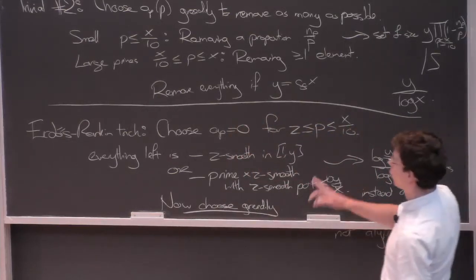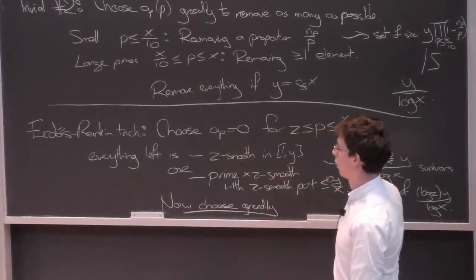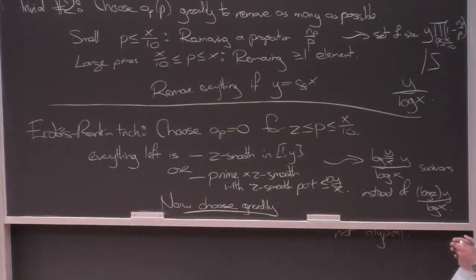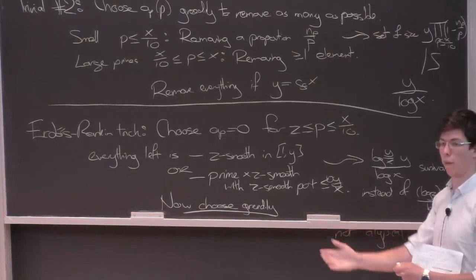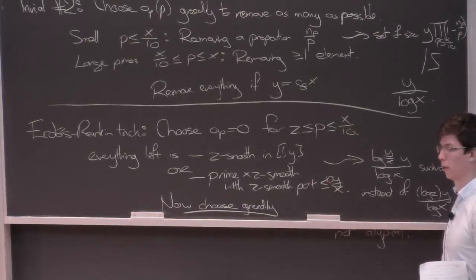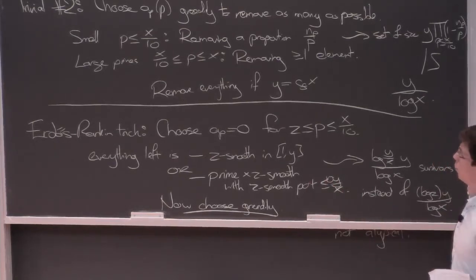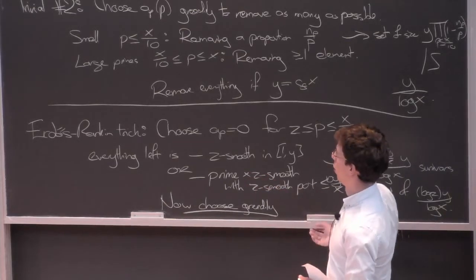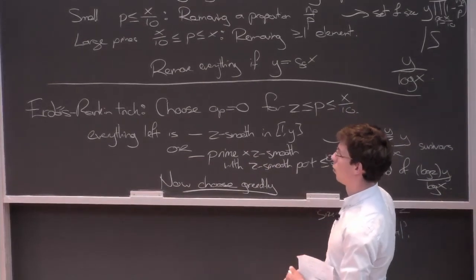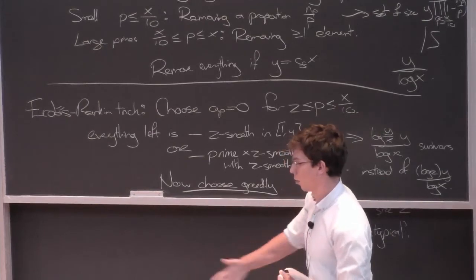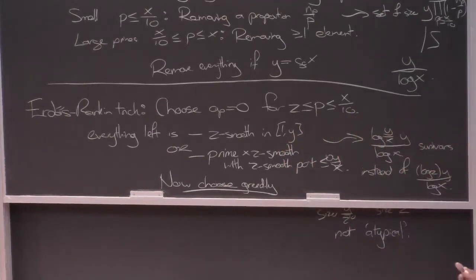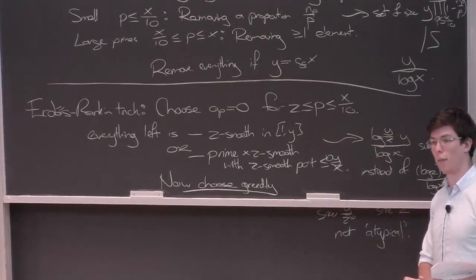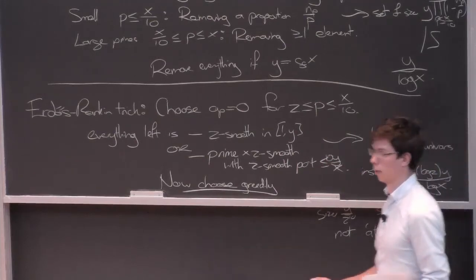However, the slight difference is because we weren't helped by this Erdos-Rankin trick, we need to fight a bit harder to win enough to make sure that we can actually get a non-trivial bound. Whereas in the case of improving the previous Erdos-Rankin arguments, it was clear that as soon as you had certain strong enough results about primes and arithmetic progressions, you just needed a little bit more to win over their argument.